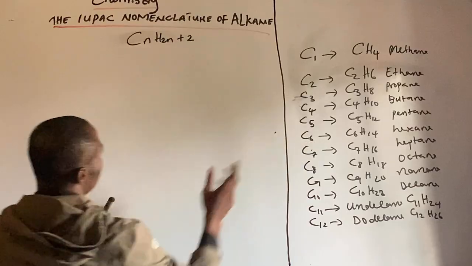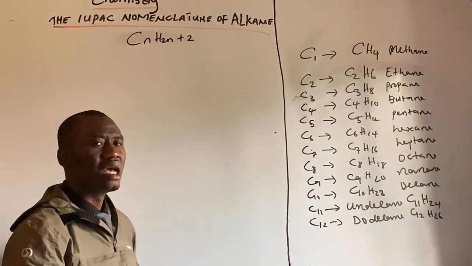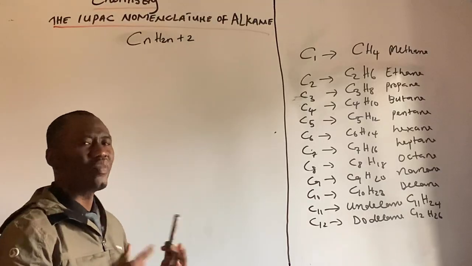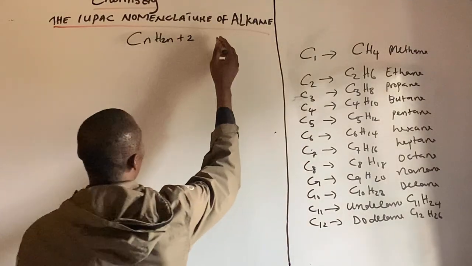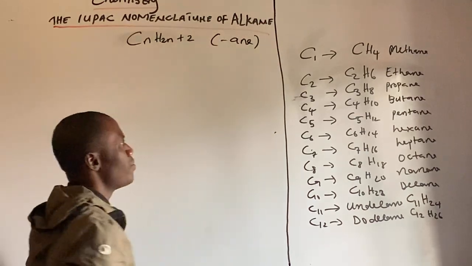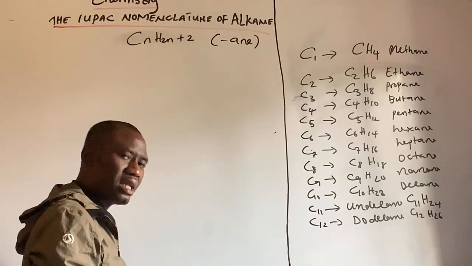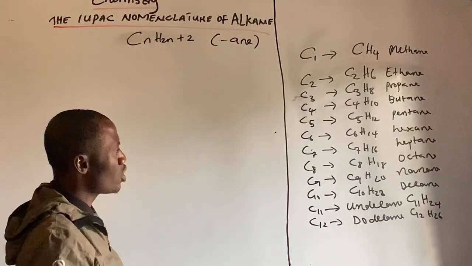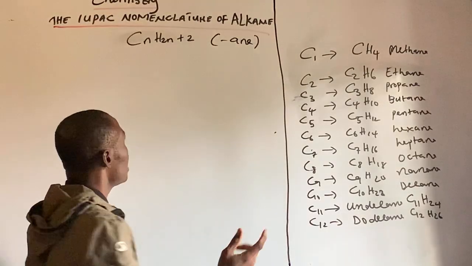Now this is the list of 1 to 20 carbon atoms under the family of alkane. Understand that the ending for all these compounds is -ane: methane, ethane, propane, butane, pentane, hexane, heptane, octane, nonane, decane, undecane, dodecane, tridecane, and so on.